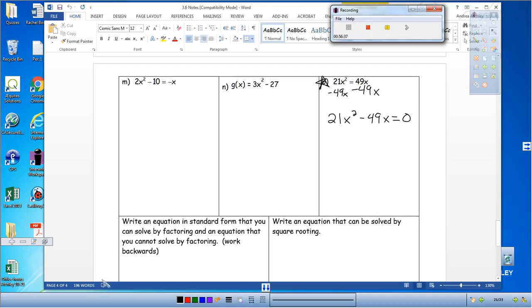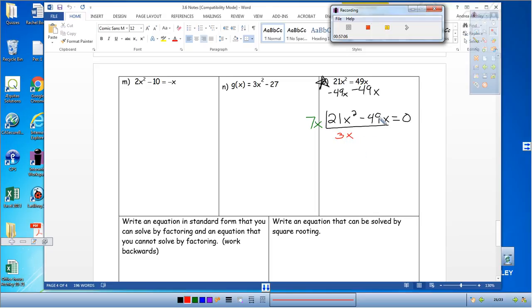Now, in order to factor this, you need to factor out the GCF. So what can they both be divided by? 7 and what else? Very good. They both have an x, so pull out a 7x. Then 21 divided by 7 is going to be 3, and x squared divided by x is just x.